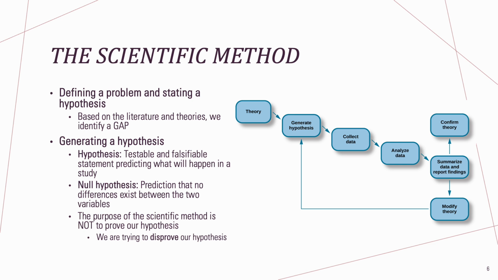The other thing I'll add is we're never saying that our hypothesis is true or that our hypothesis is wrong. We're always saying that we're rejecting the null and that our data is in support of our hypothesis or not in support of our hypothesis.